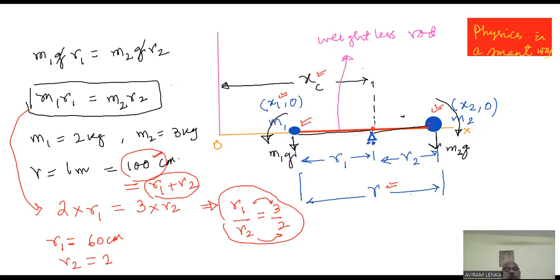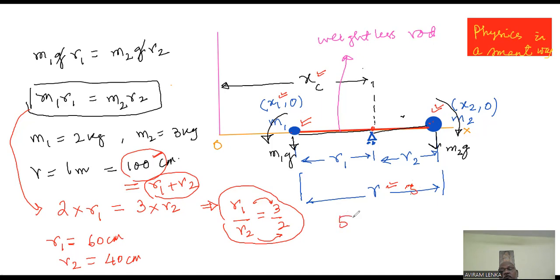R1 by R2 is given as 3 by 2. So we consider R1 equal to 3 parts, R2 equal to 2 parts. Total number of parts: R1 plus R2 equal to 100, but in terms of the parts, R1 is 3 parts, R2 is 2 parts. So 3 plus 2 equal to 5 parts. For 5 parts, we got 100.